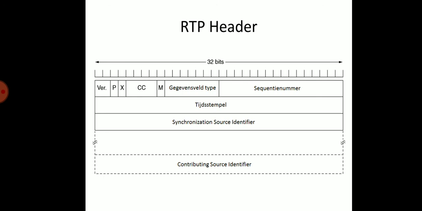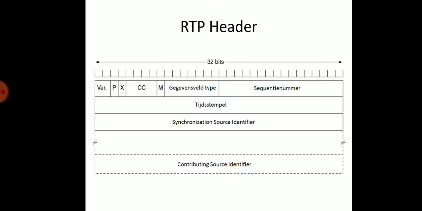This bit is used to indicate the start of a frame. It may be a video frame or the start of a word in an audio channel. Next is the payload type. The size of the payload type field is 7 bits.